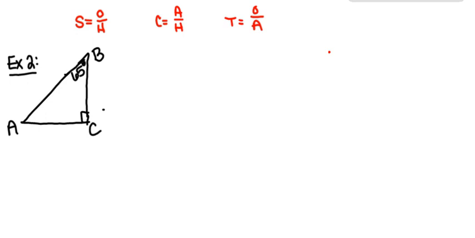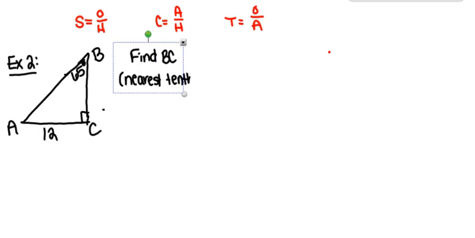I'm going to label side AC as 12. And in this question, let's find side BC. And this one too will round to the nearest tenth. So I'm going to label side BC x.